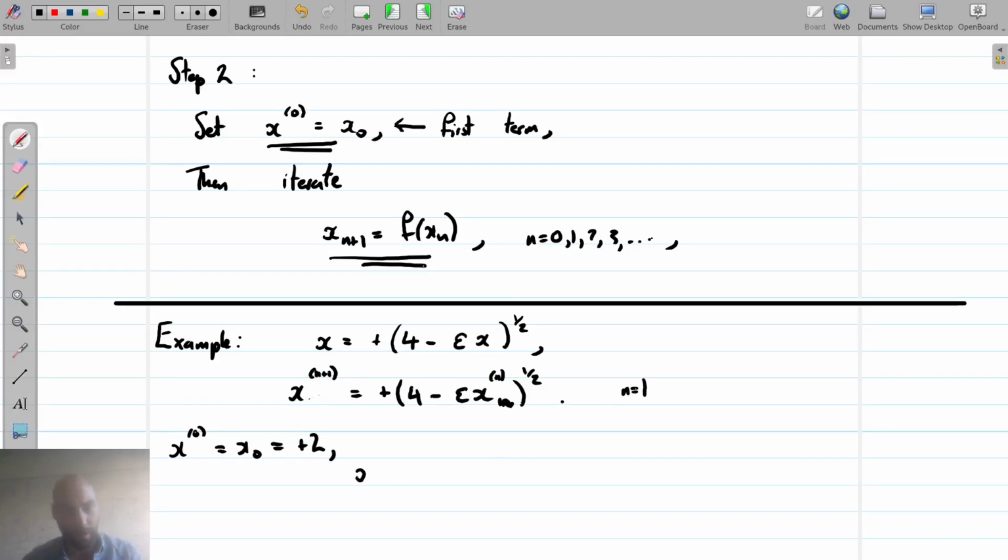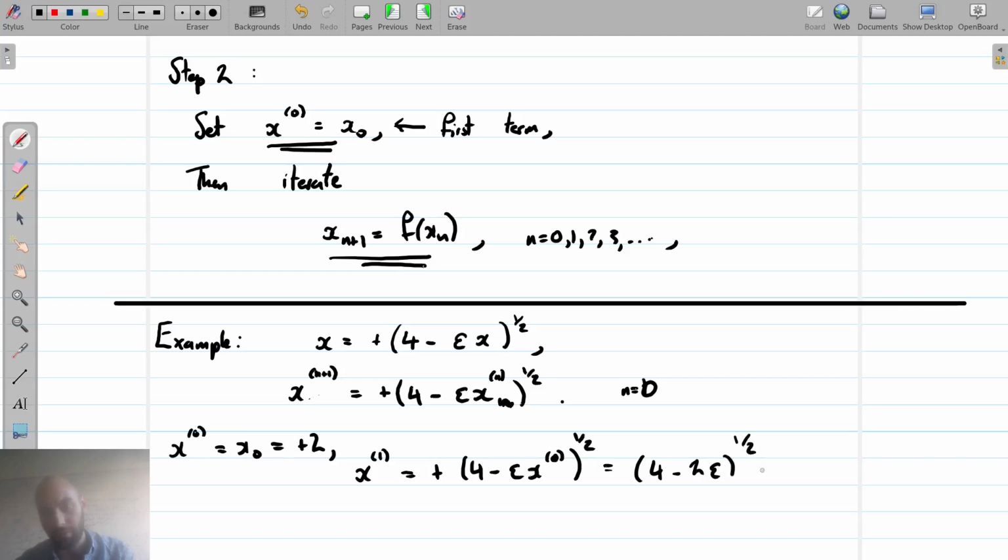On the left hand side I've got x1, and on the right hand side I've got plus 4 minus epsilon x of 0 to the half. And I know what x of 0 is, it's 2. So I end up with 4 minus 2 epsilon to the half. So that's the first turn of iteration done.